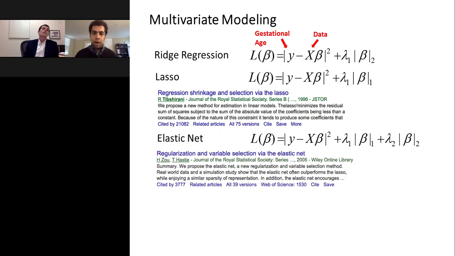So our multivariate models are fairly simple. We have Y, our vector of gestational age, and we have X, the matrix, that graph that Brice just showed you. And our task is to find a transformation that minimizes the error between predicted gestational age and actual gestational age.